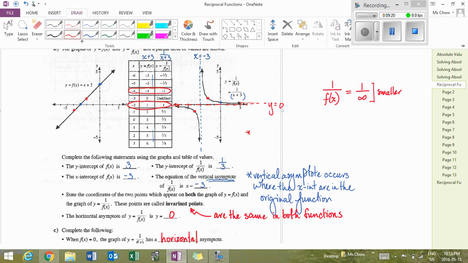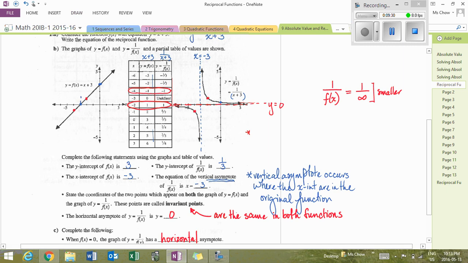The steps I would go through are a couple of things. One, I know that the x-intercept is -3. What does that tell me? It tells me that there is going to be a vertical asymptote here. So I'm going to draw that in right away.